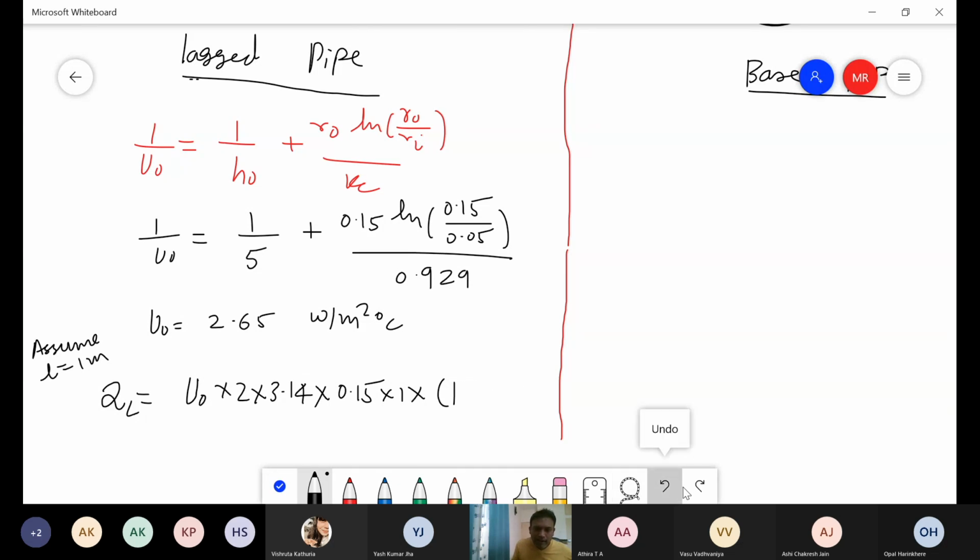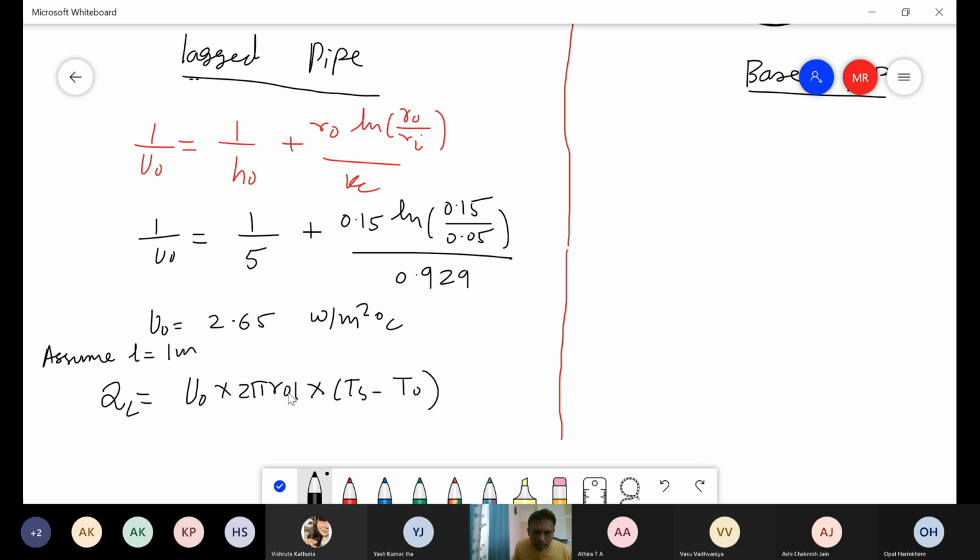So maybe I just write it down. Q equals U naught times 2 pi r naught L into (Ts minus T naught), and assume L equals 1 meter.